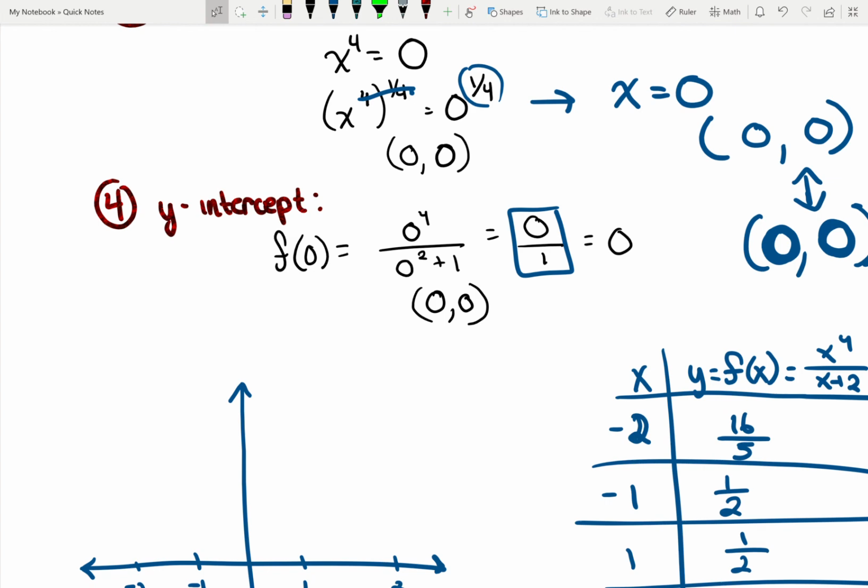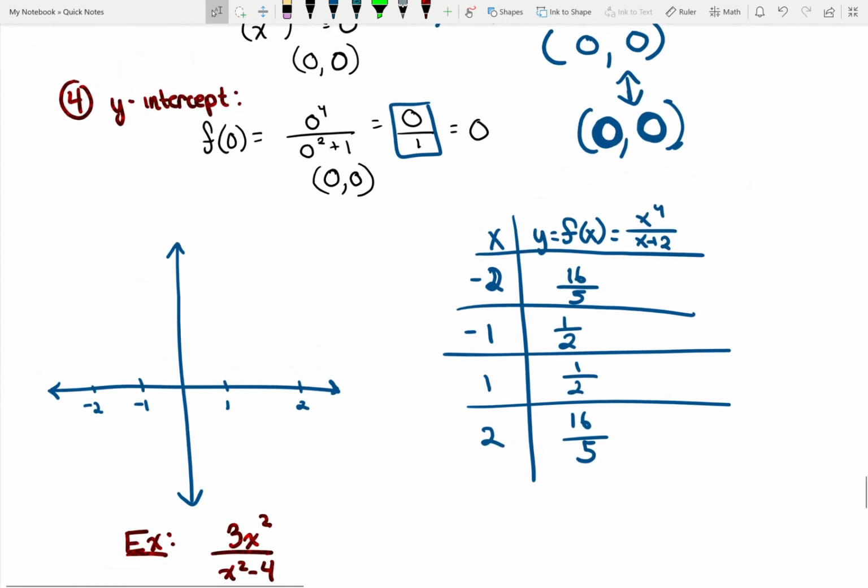All right, so I have no real place to start because we said to pick x values that were close to your vertical asymptote, but we don't have one. So I'm just going to start picking random numbers that are near my origin because I know this guy right here, 0, 0, is a point on my graph. So I'm going to pick x values that are close to the origin, such as minus 1, 1, minus 2, 2.